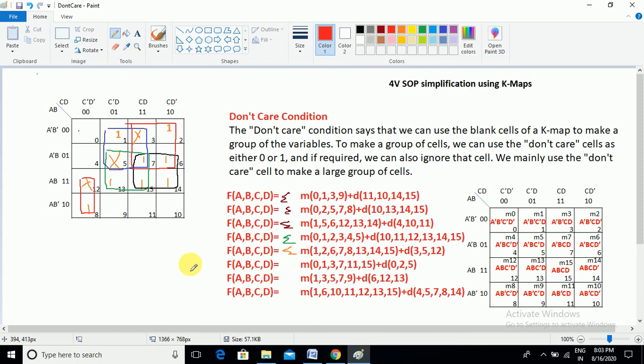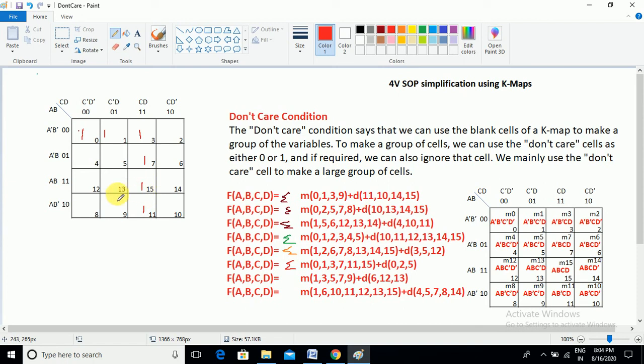Okay, next go to this problem. Zero, 1, 3, 7, 11, 15.